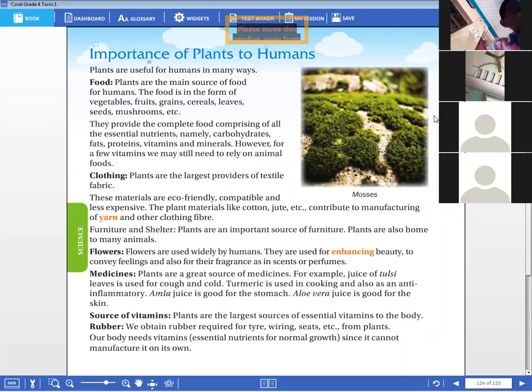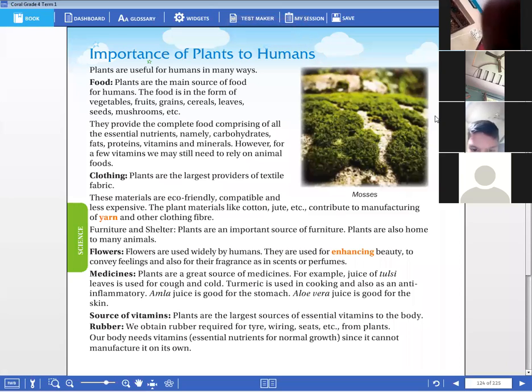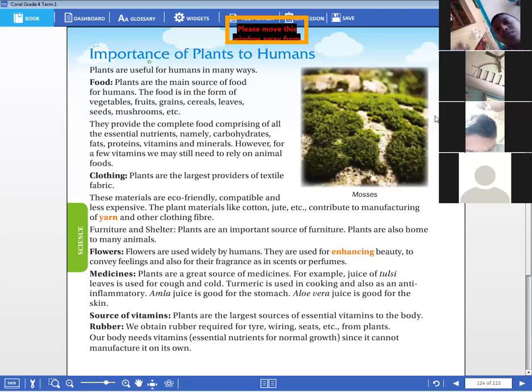Eco-friendly. Materials. Compatible. Expensive.